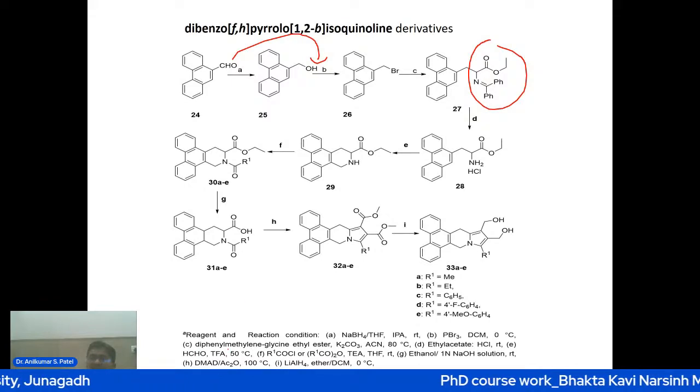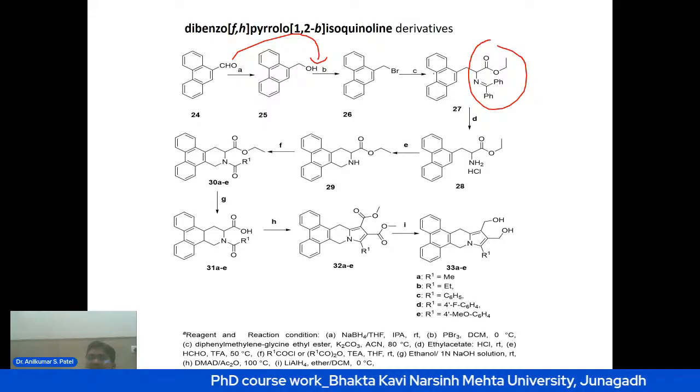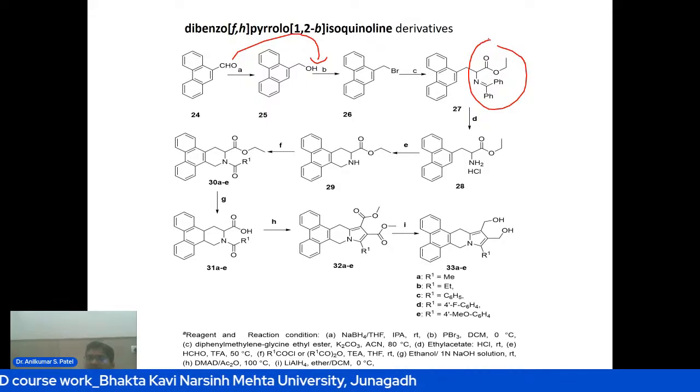It reacts with the bromine at the active methylene position. Then it produces compound number 27.